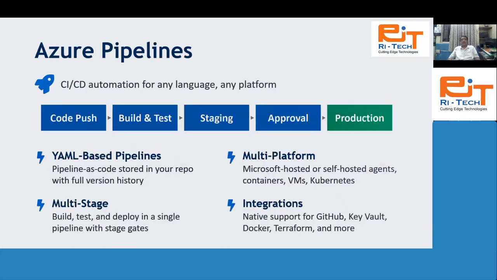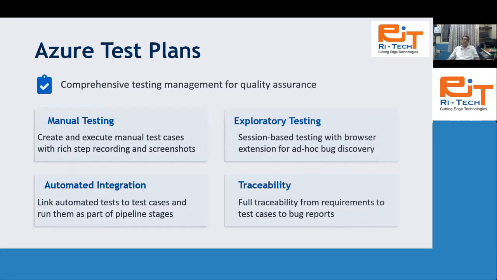Pipelines will help you to automate. Once you push, it will automate build and test, staging, approval, and production. This is the most important and required feature of Azure DevOps.